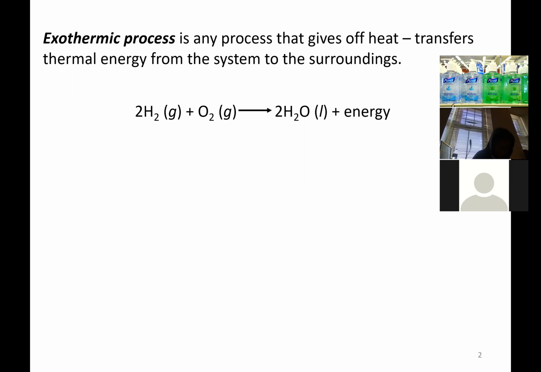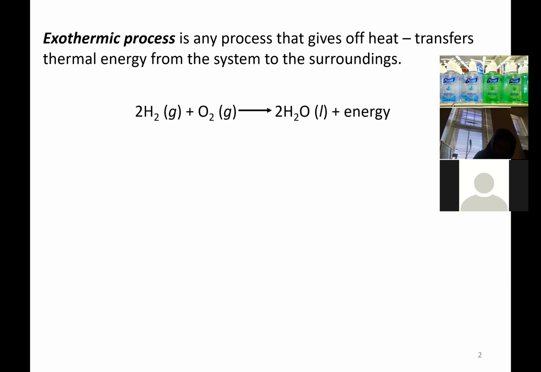If that system releases energy into the surroundings, then it's considered an exothermic process, meaning the system starts with a bunch of energy, and after the reaction happens, it's left with less energy. The reaction is left with less energy because it gave it away to the surroundings.